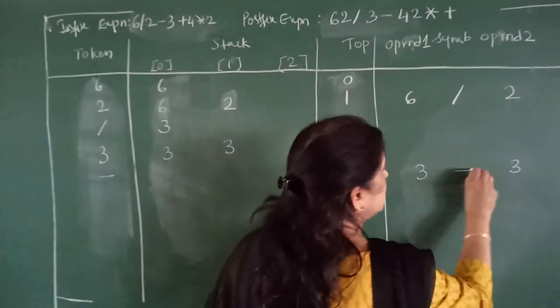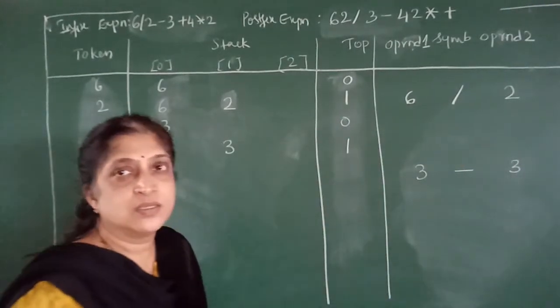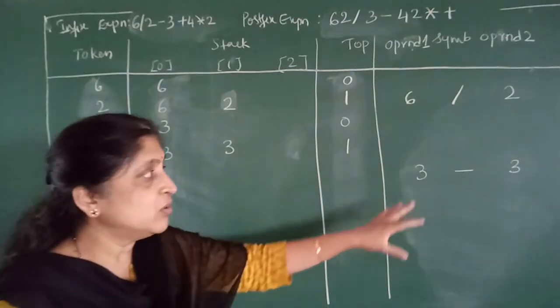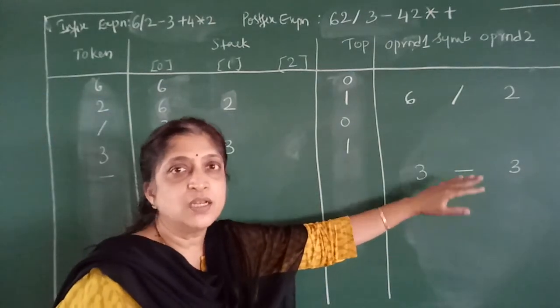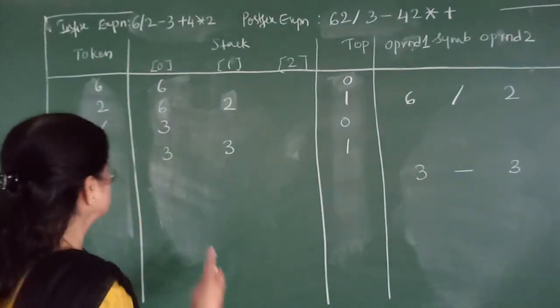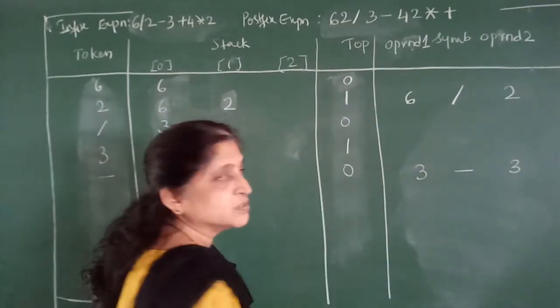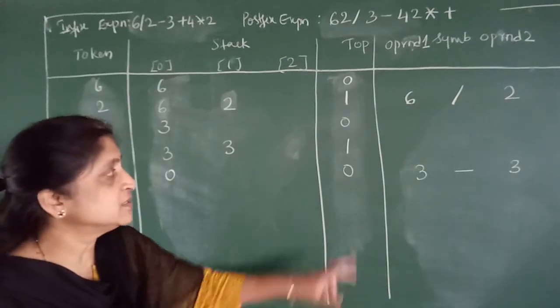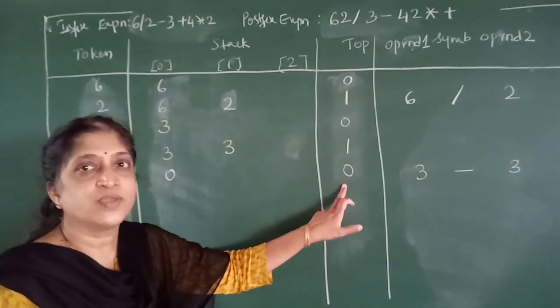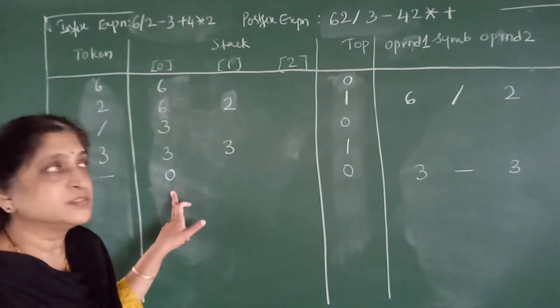So this 3 minus 3 is 0. Again this is an intermediate result. Push this to stack. So we are pushing 0 here. Now top is also 0. That is, at the 0th position in the stack we have the element 0.